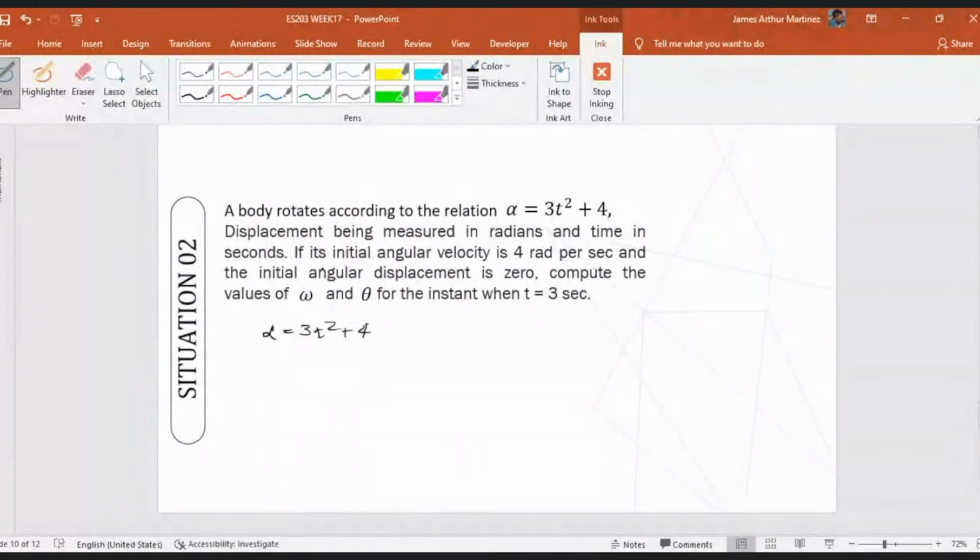The initial angular velocity is equal to 4 rad per second, and the initial angular displacement is equal to 0. So compute for the angular velocity and displacement at time 3 seconds.